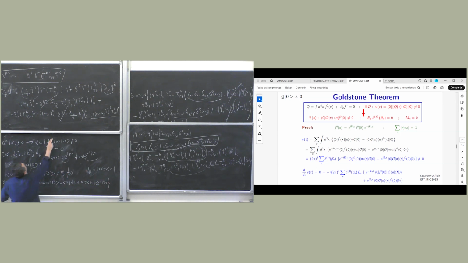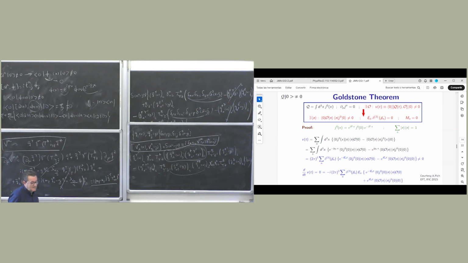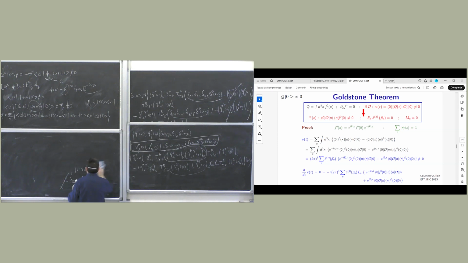Now I remember that Q is the integral d3x J0 of x, t.